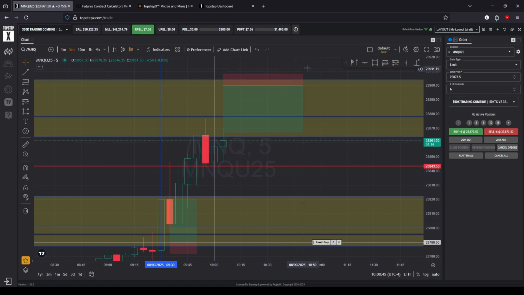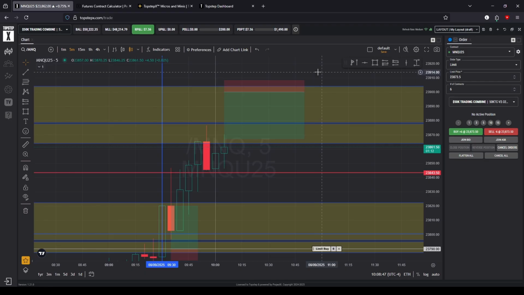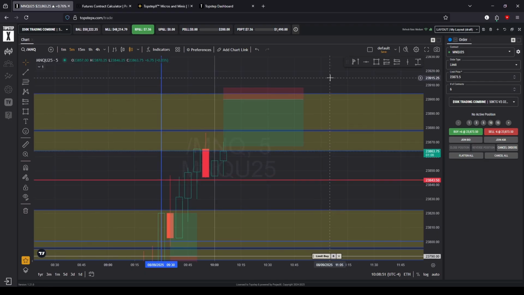I think what's her name, Toy Trades, that girl, she trades it and she makes a lot of money from it, but I just don't have a lot of experience with it, and I'll have to train myself on it for a while before I would think about taking any trades with it.